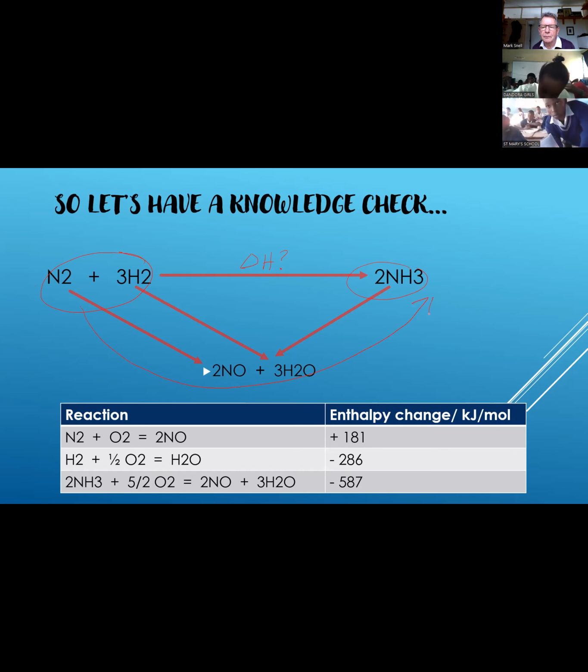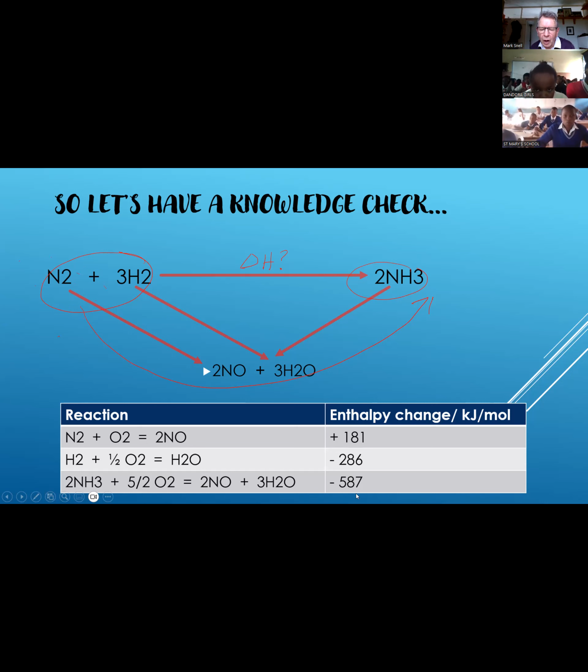So this one here is 181. This one here is 3 times negative 286.